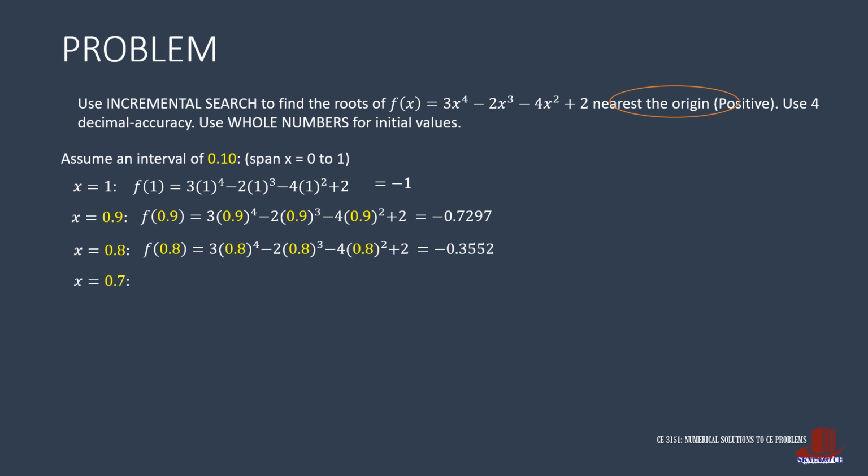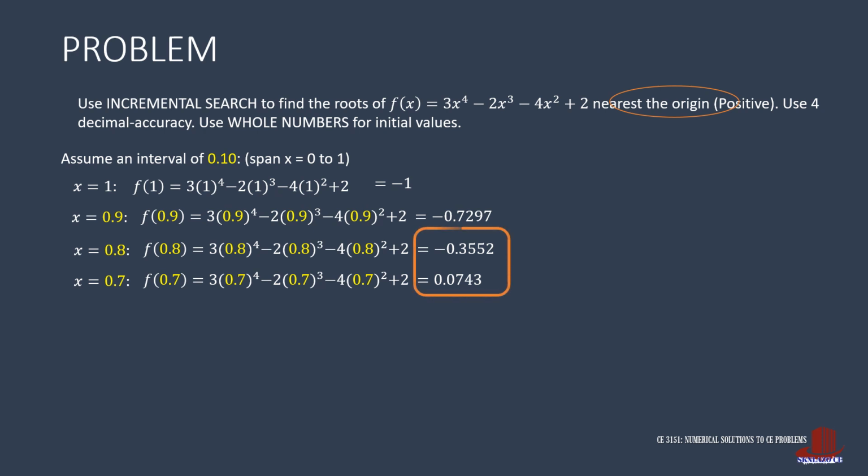Take another increment, so plug in 0.7. The function then becomes thrice of 0.7 raised to 4 less 2 times 0.7 cubed minus 4 of 0.7 squared plus 2, to get positive 0.0743.